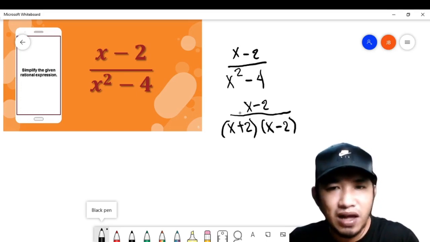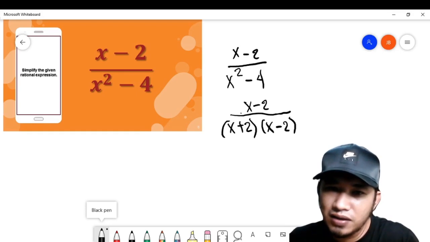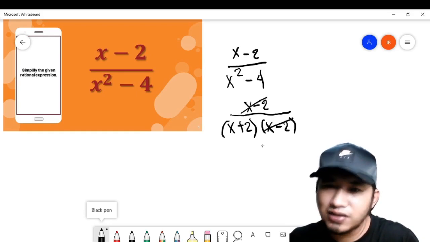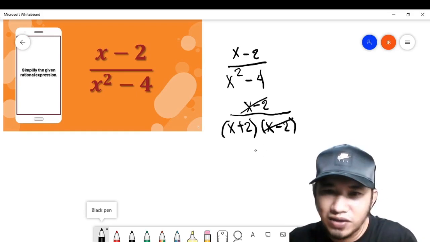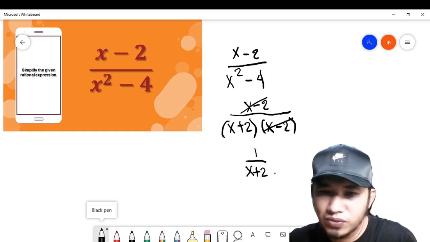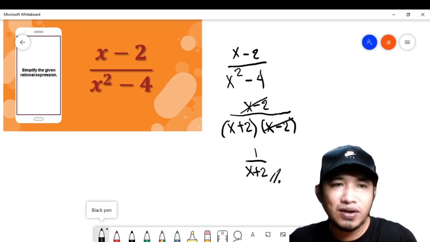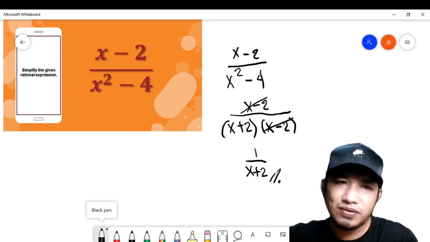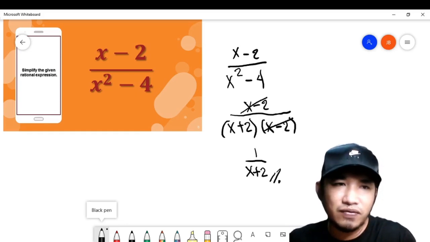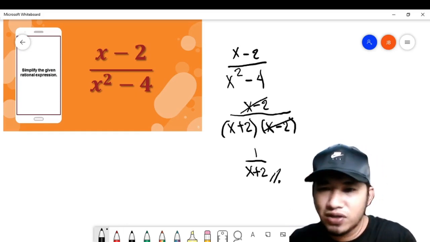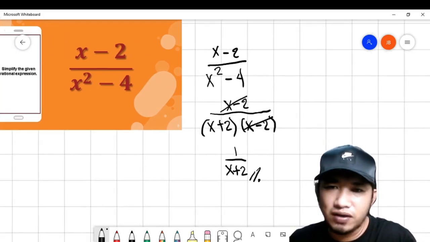So, simple lang yan. Cancel. So, we will have an answer of 1 all over x plus 2, and that is our final answer. Alright? That's the answer for the first problem.